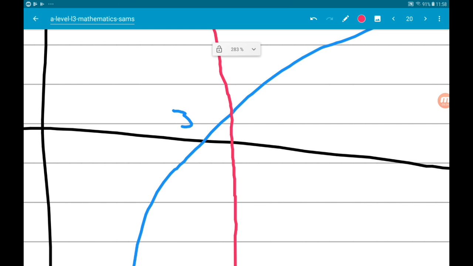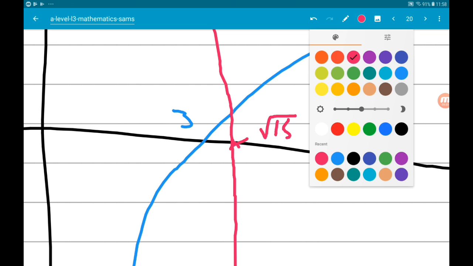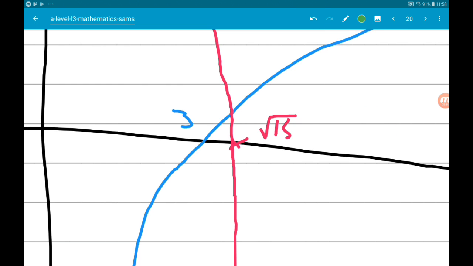This point here would be root 15, and somewhere just to the right of that would be 4.